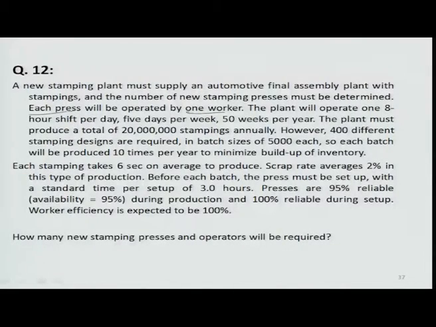The plant will operate one 8-hour shift per day, 5 days per week, Monday to Friday, 50 weeks per year, and the plant must produce 2 crore stampings annually. However, 400 different stamping designs are required in a batch size of 5000 each. So each batch will be produced 10 times per year to minimize buildup of inventory.